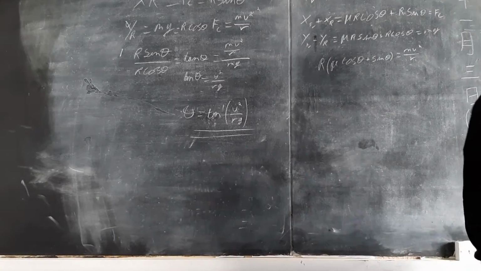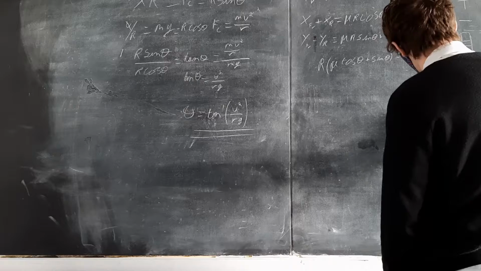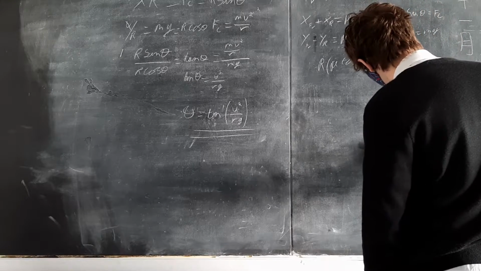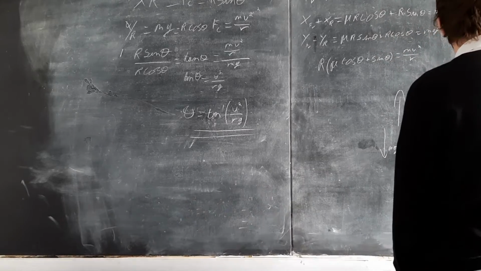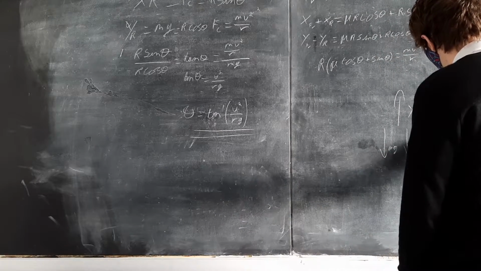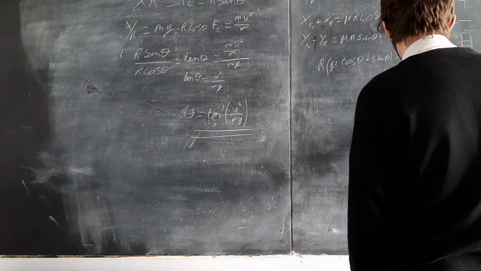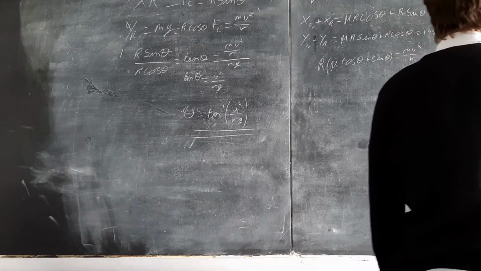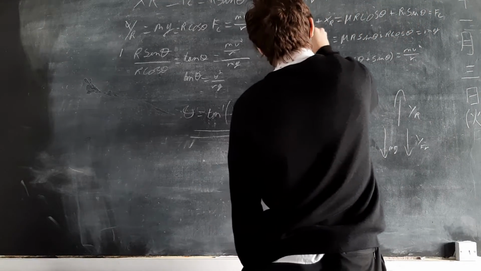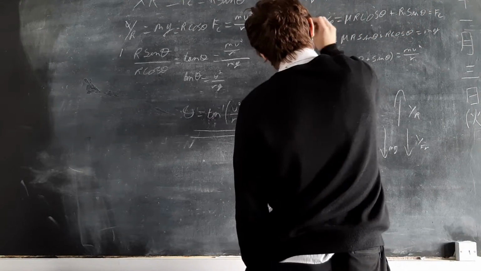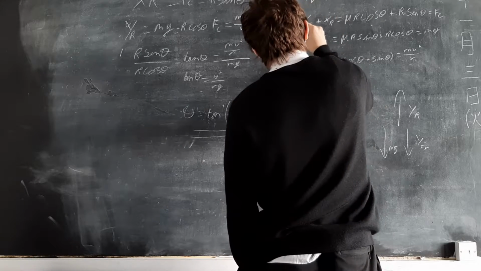So the y component is acting this way, this is Y of R, and then we have mg acting down here, and we also have Y of R. So this take this is equal to mg.